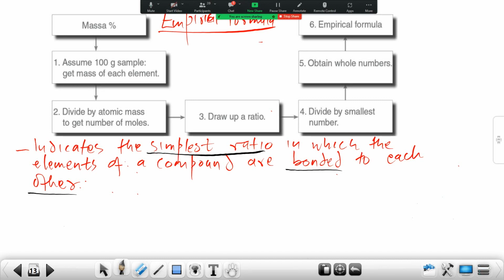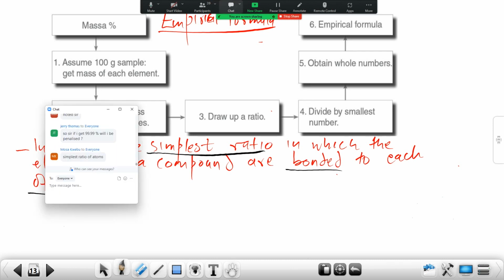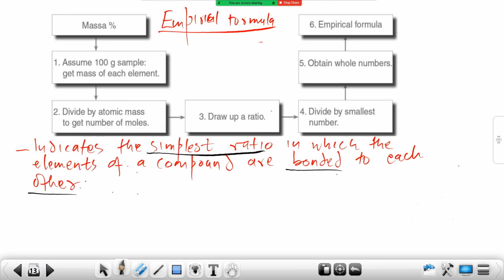Now, I have steps here that I wanted us to look into. These are steps that we need to follow.